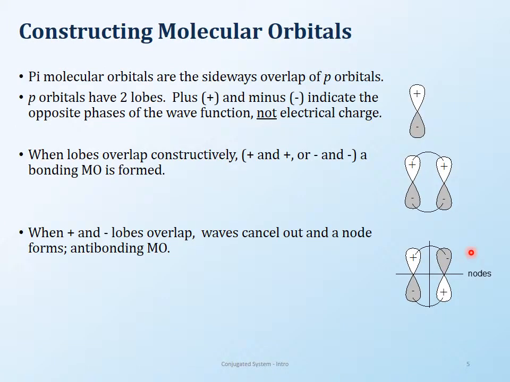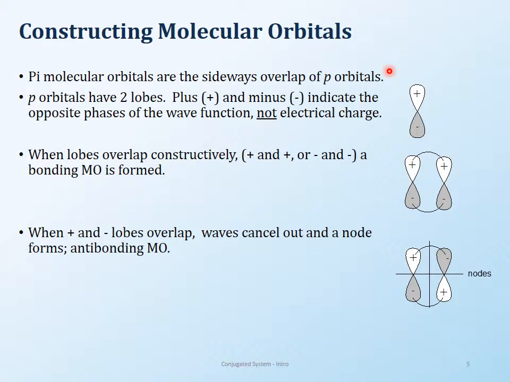So one of the things that we have to talk about regarding the stability of conjugated systems is the pi bond, because all double bonds are made up of a pi bond and a sigma bond, as you learned back in Organic 1. So the carbons in double bonds will be sp2 hybridized, and they have a sigma bond and a pi bond.